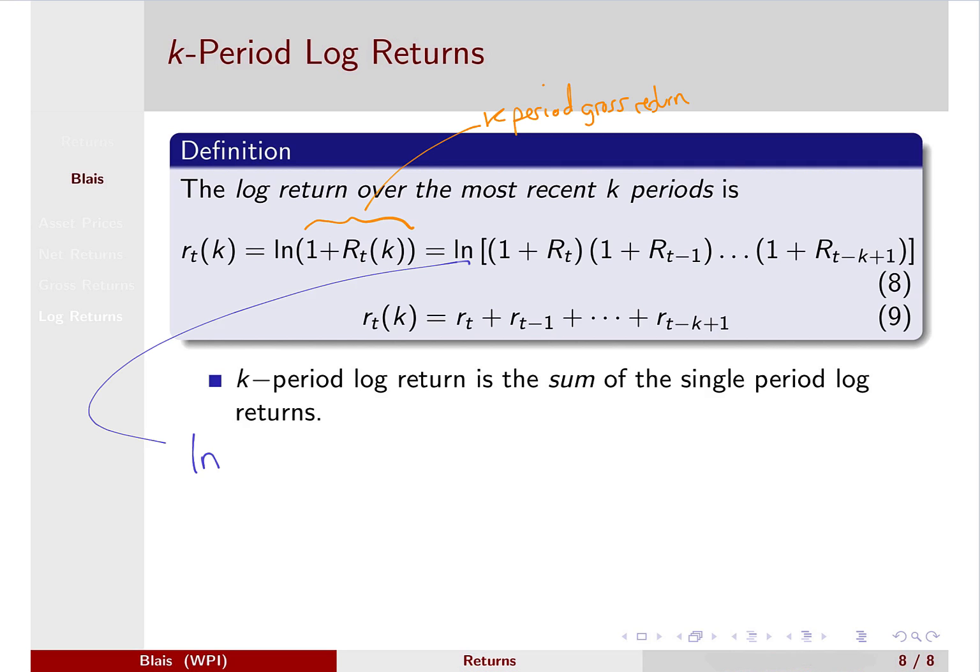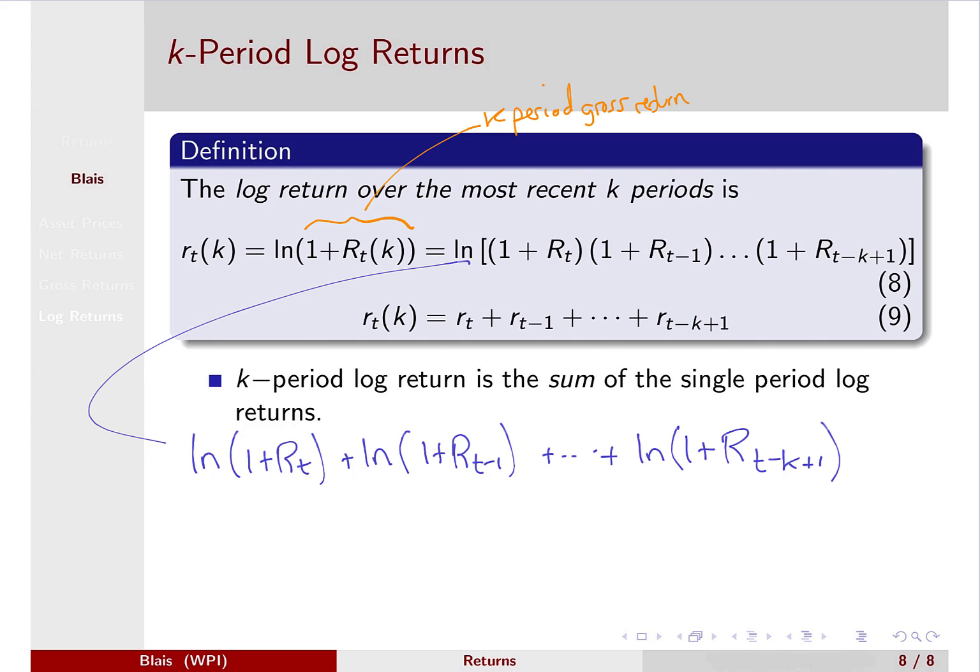We have natural log of 1 plus R t, plus natural log of 1 plus R sub t minus 1, all the way down to the last term, natural log of 1 plus R sub t minus k plus 1. And then we note that these are nothing more than the single period log returns.